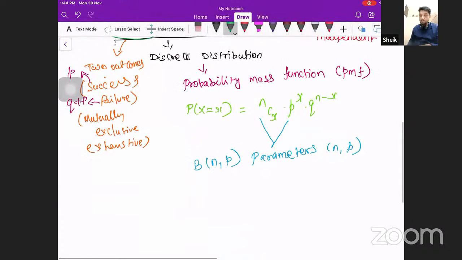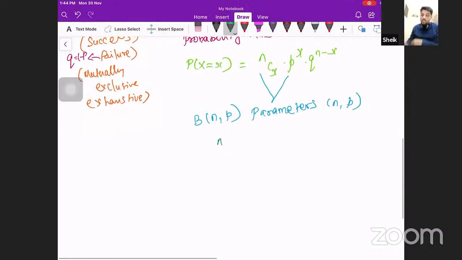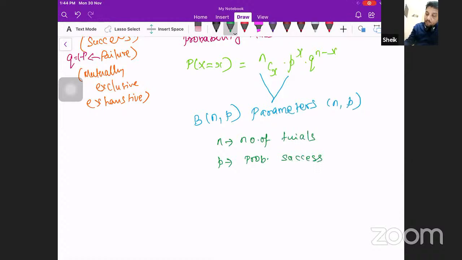Here n stands for the number of trials, and p is the probability of success. Q, which is nothing but 1 minus P, is the probability of failure.